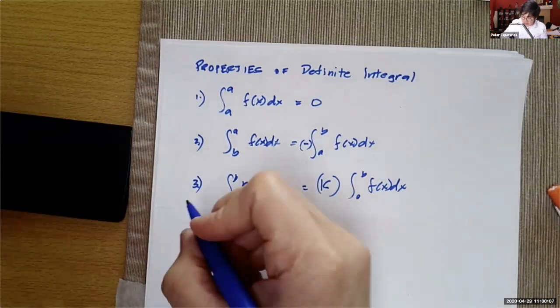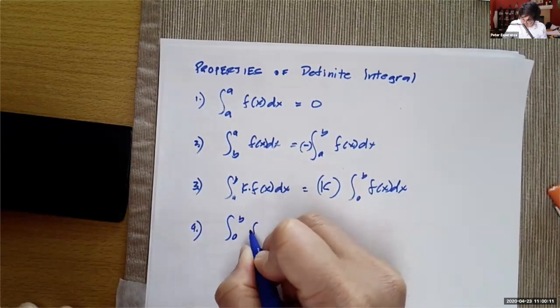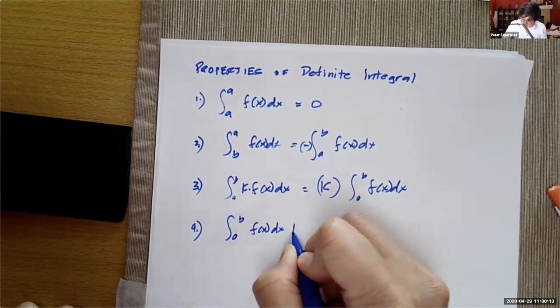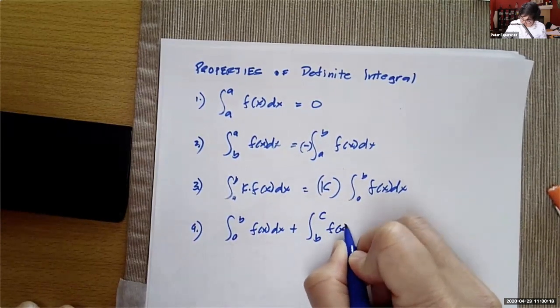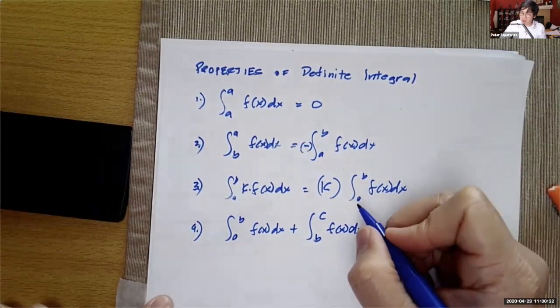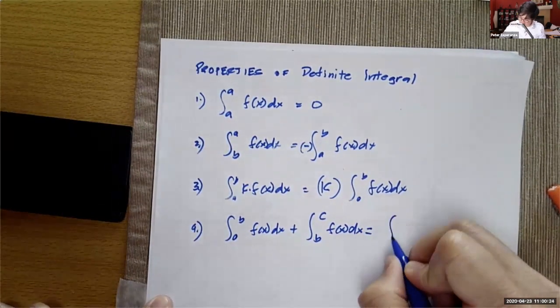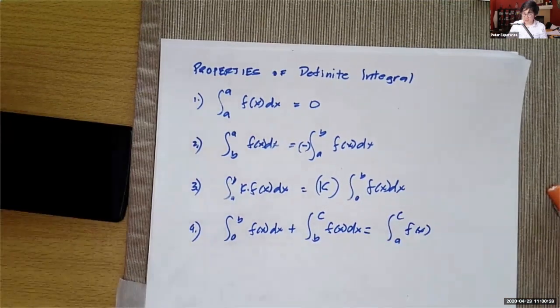And if I have the integral from a through b of f of x dx plus the integral from b to c of f of x dx, your function for this integral will be your f of x dx from a up until c.